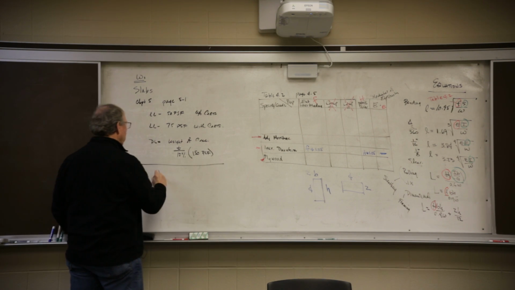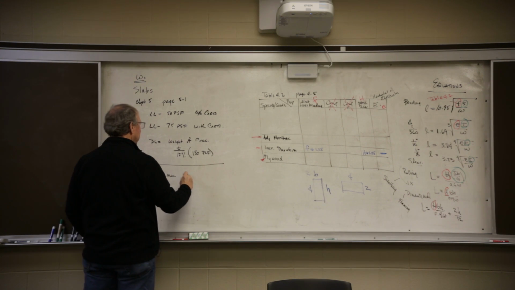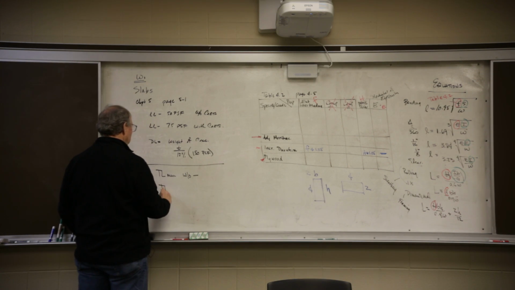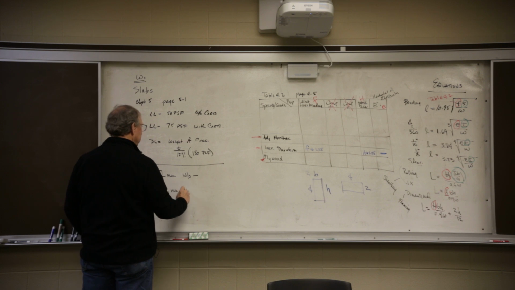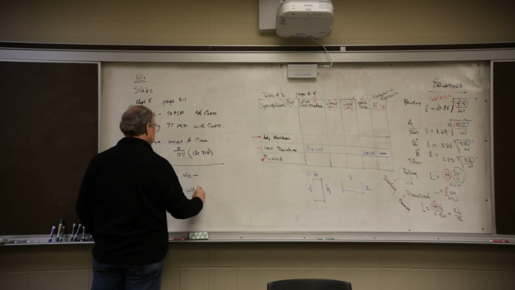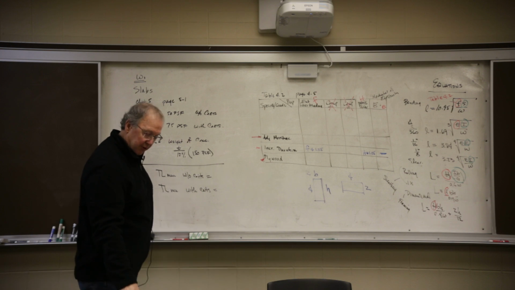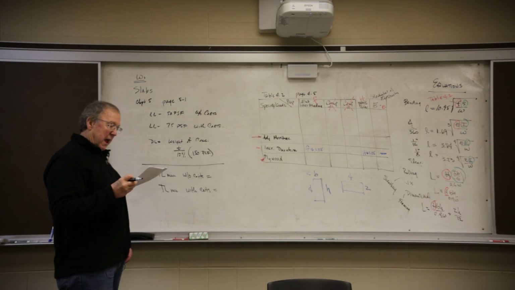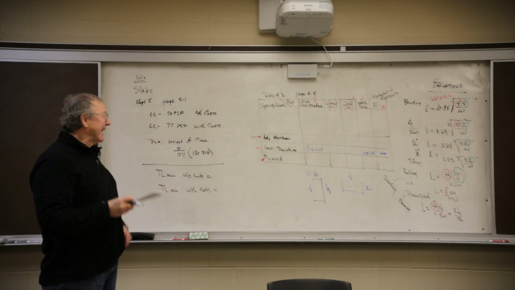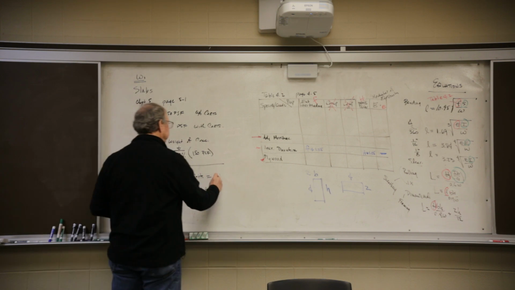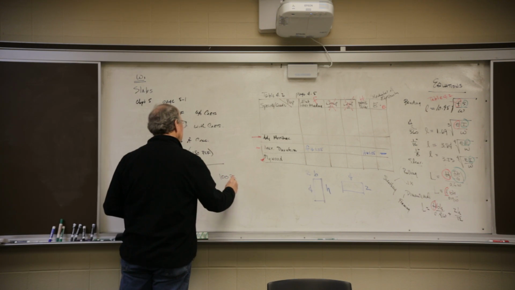So, total load min without carts and total load min with carts. So if you read it and you follow it through a little bit, it says, if you'd have a thin slab, you got to use 100 at least. And if you got carts, you got to use 125.